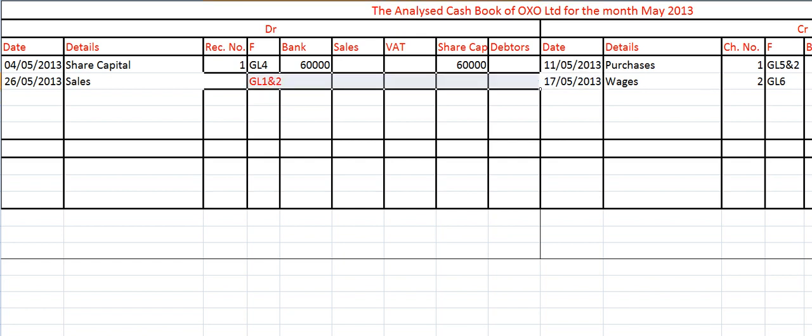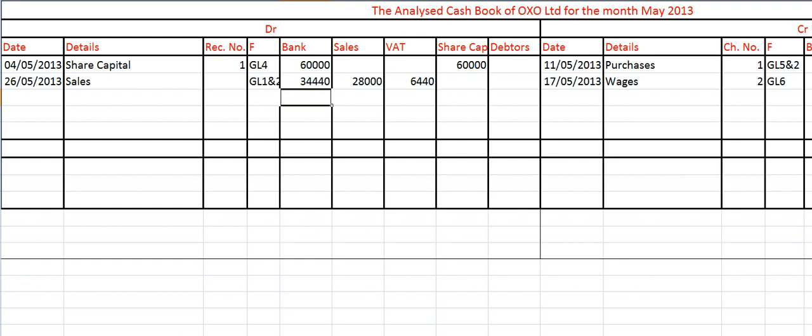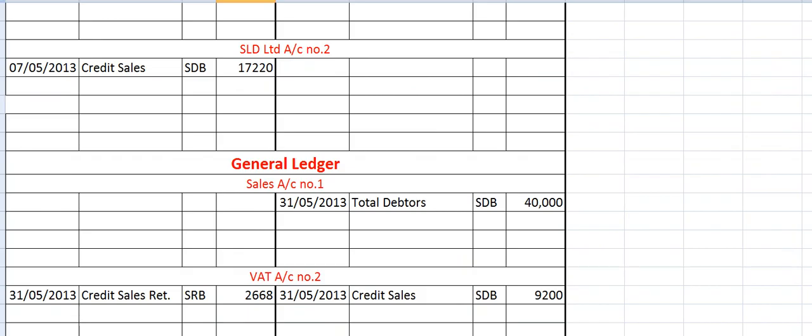That should be in black. And the total is, they tell us in the question, 34,440, made up of 28,000 of sales and 6,440 of VAT.